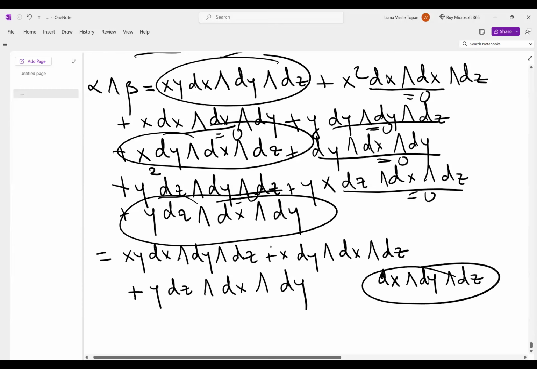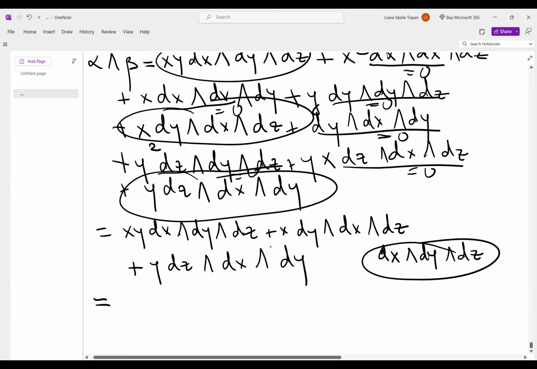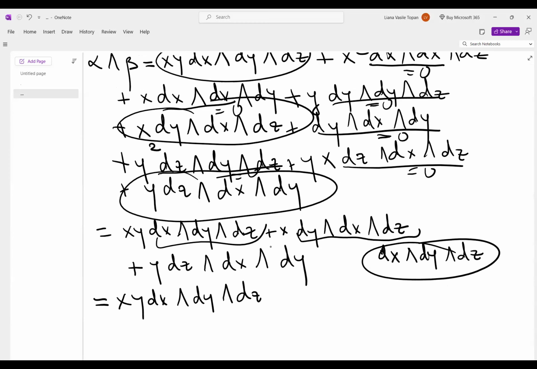So you need to write all of them like this. So xy, this is already dx wedge dy wedge dz. Coming to this one, I need dx wedge dy wedge dz, so I'm flipping these two. When you flip them, you get a minus there. So it's minus x dx wedge dy wedge dz.